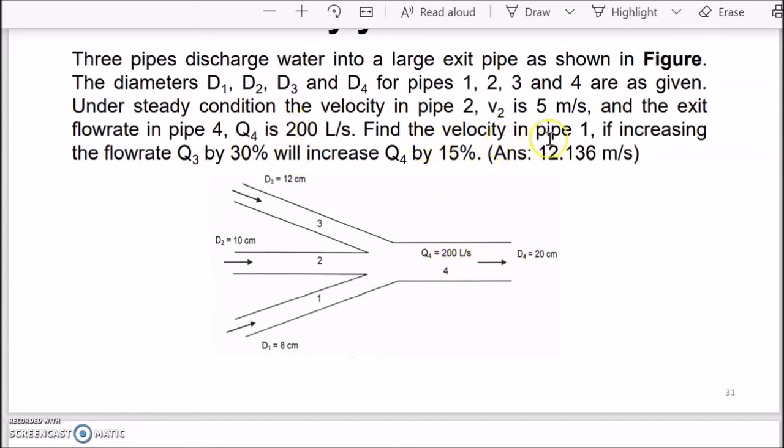Find the velocity in pipe 1, if increasing the flow rate Q3 by 30% will increase the flow rate in pipe 4 by 15%.